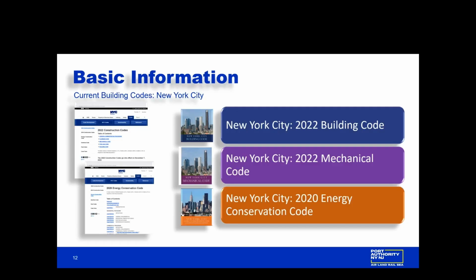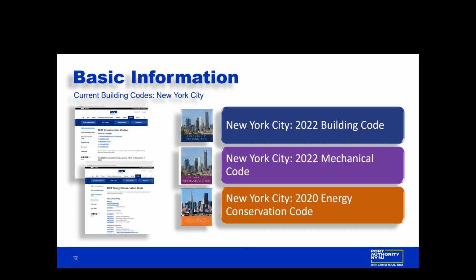This slide illustrates where you can find the codes digitally. That's why I prefer, I go right to the source. I go right to the New York City Department of Building, and they have a nice handy little thing there with the 2022 construction code, so you can find the building code, and all these are adopted by New York City.